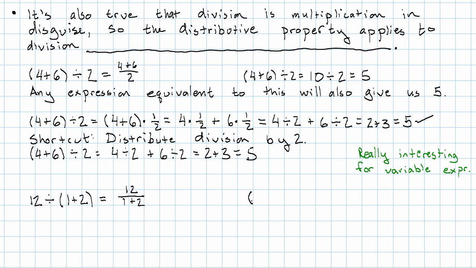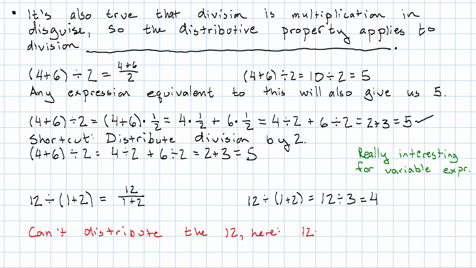Working this out, 12 divided by 1 plus 2, that's 12 divided by 3, that's 4. I think it's pretty easy to see that we can't distribute the 12 here. 12 divided by 1 plus 12 divided by 2 is 12 plus 6 is 18, which is different from 4.